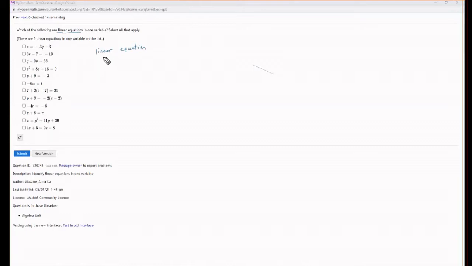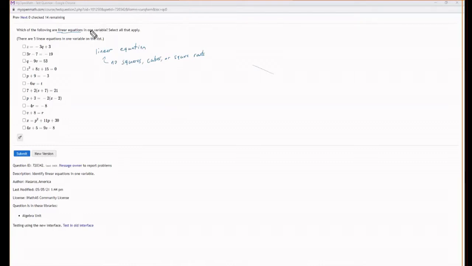Linear means that I'm not going to have any squares or cubes or square roots, okay? And probably not any fractions, although fractions can get funny. You can cleverly construct a linear function that has fractions in it. But if your variable is in the denominator, that's probably not a linear equation.